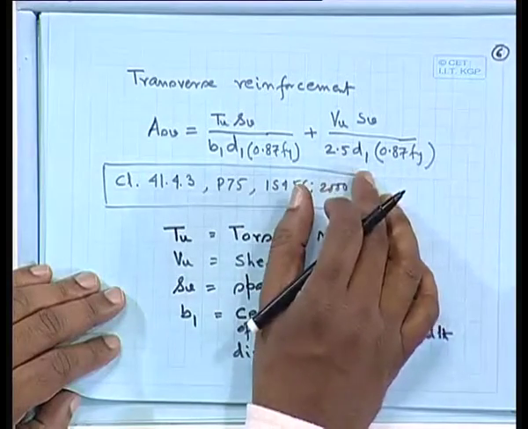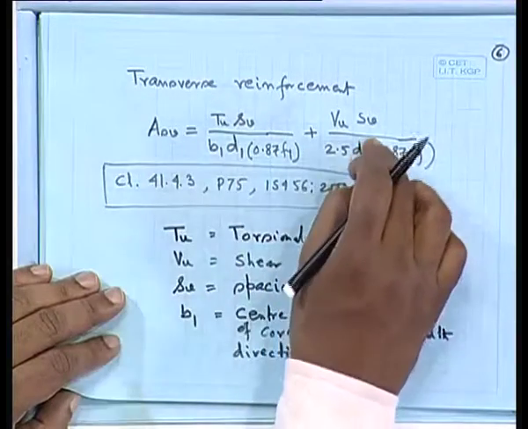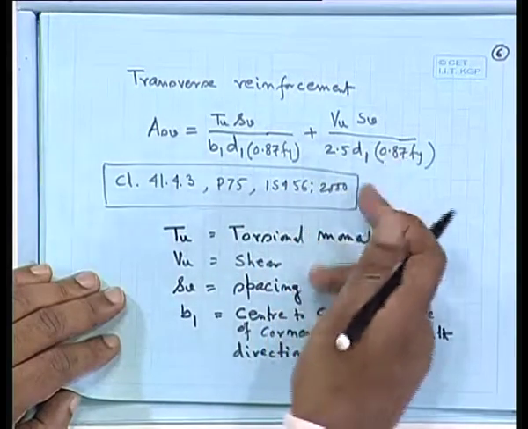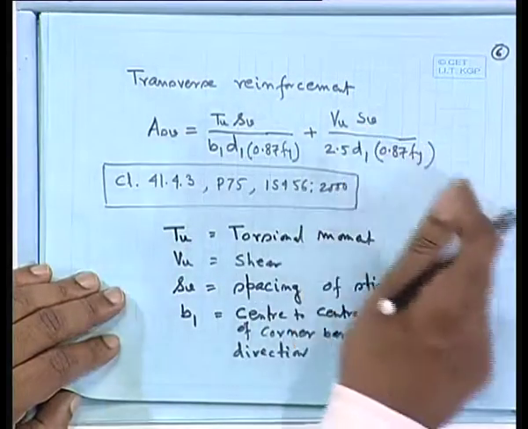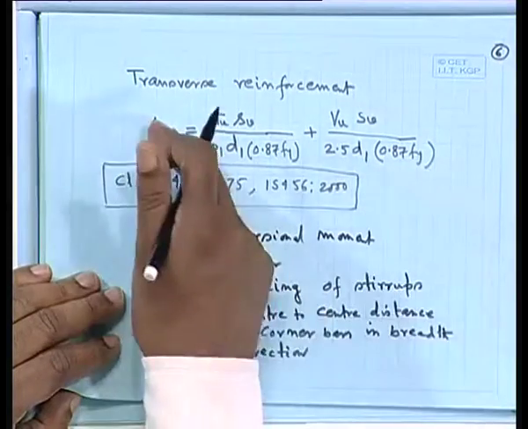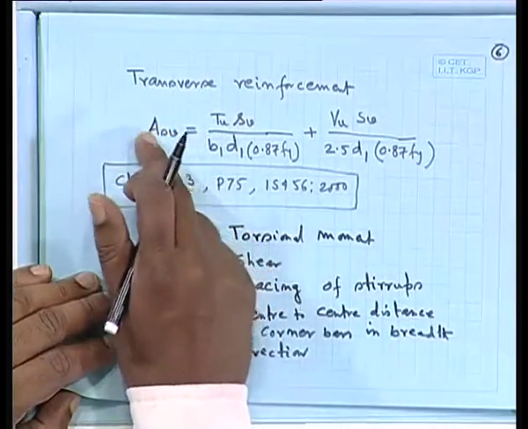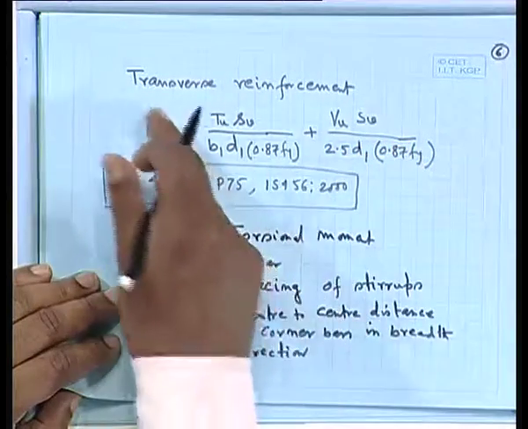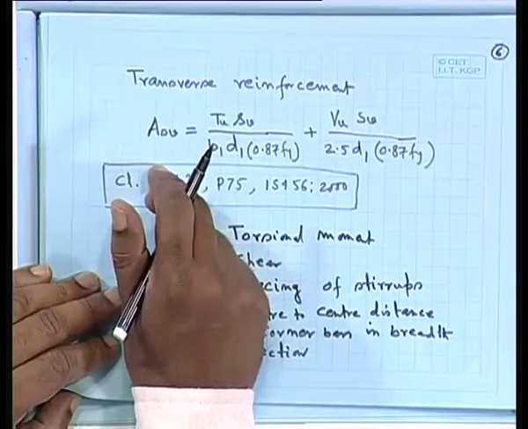So for each and every design there is a specific procedure. Here we provide SV and then we can find out. In another way, from this equation we can take SV out, and we can take 2-legged or 3-legged, and on the basis of that also we can find out, or ASV by SV also we can make it.